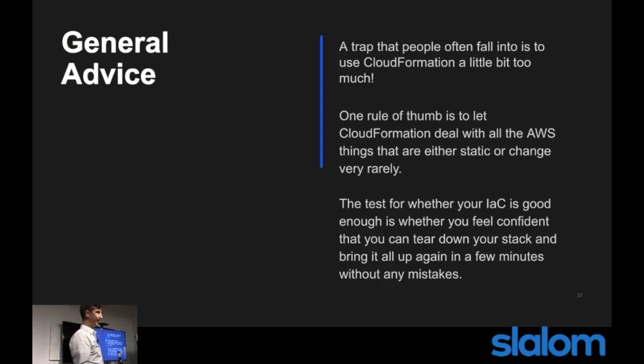A good rule of thumb is to let CloudFormation deal with things that are static or change very rarely, all right? So services that once you set them up, you're not adjusting them a lot, okay? Whereas anything else, you should manually configure.